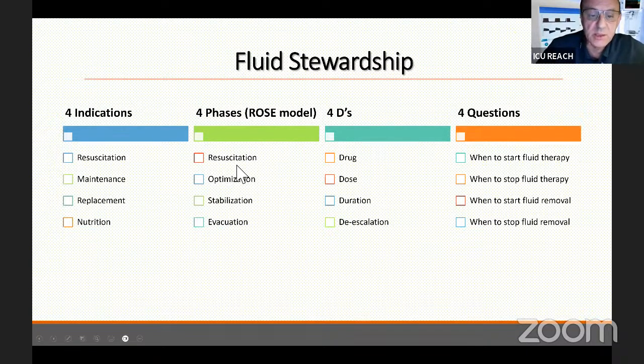Are we in resuscitation phase, optimization phase, stabilization, or evacuation phase? And we look at the fluid as a drug now that has an indication, it has a dose, duration, and we should de-escalate. And we have four questions to answer. When to start fluid therapy, when to stop fluid therapy, when to start fluid removal, and when to stop fluid removal.